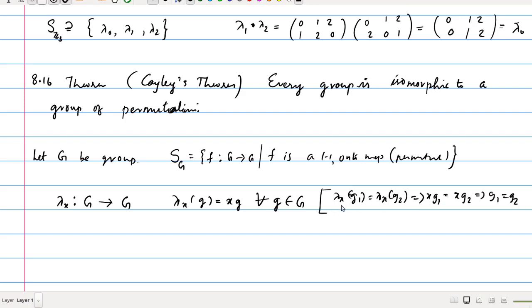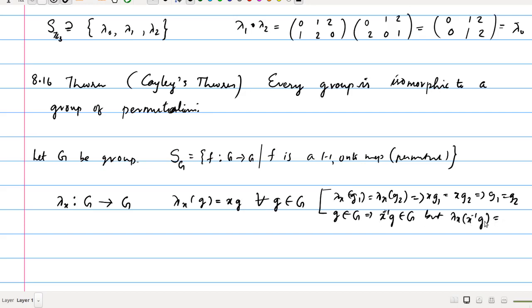So this shows that lambda x is a 1-1 function. Similarly, if you take any g belongs to G, then x inverse g is also an element of G, because x is an element of G. What is lambda x of this x inverse g?